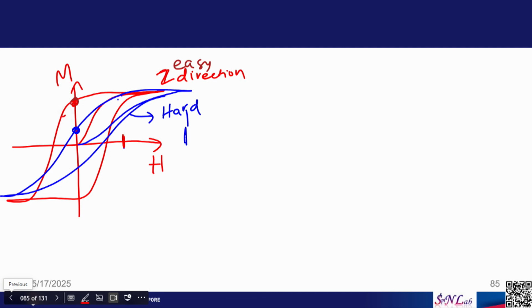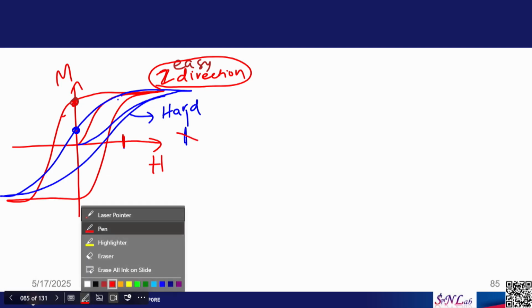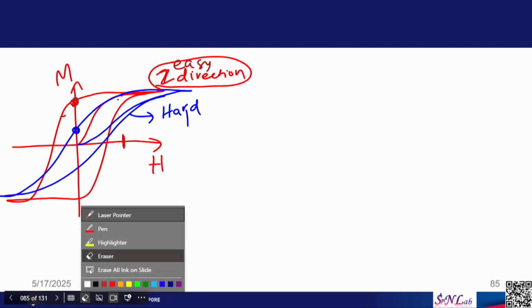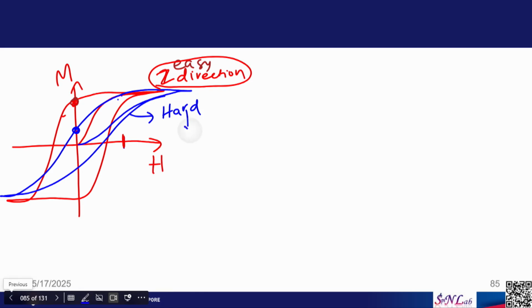So, we can call the z direction as the easy direction, whereas if I apply magnetic field along the x direction or y direction, I find that, okay.